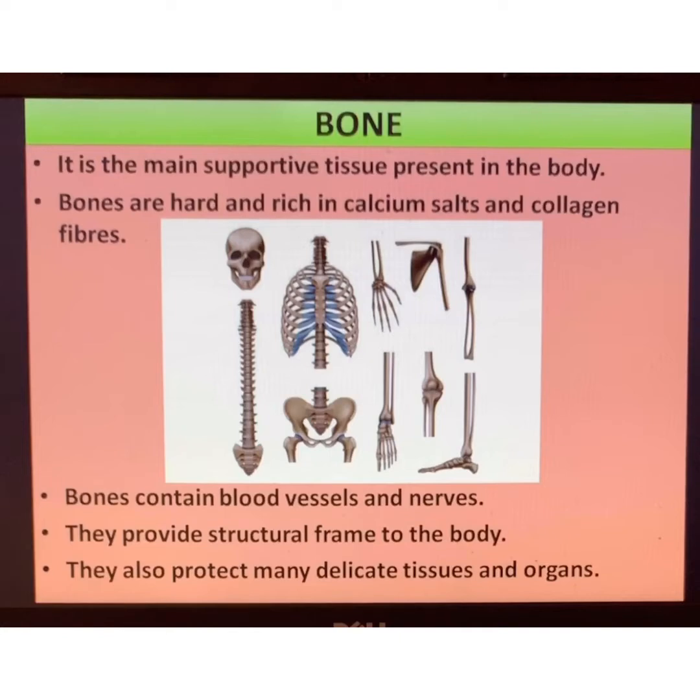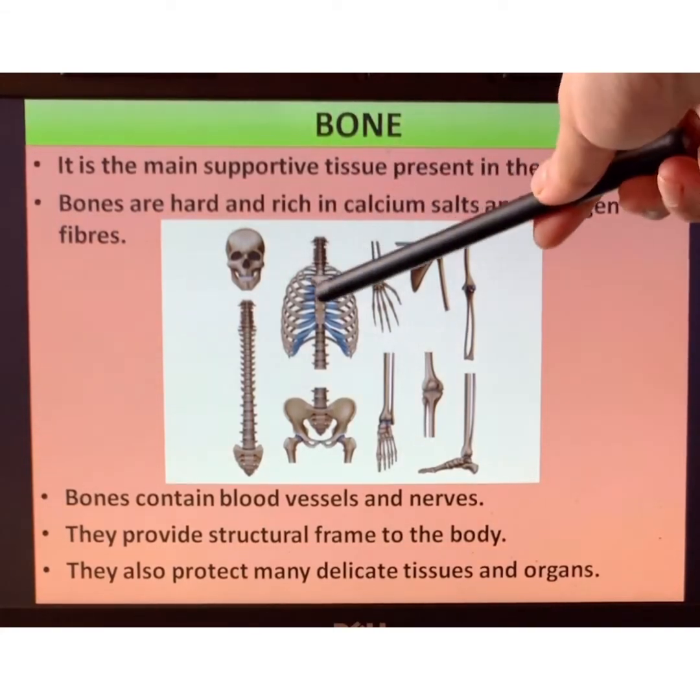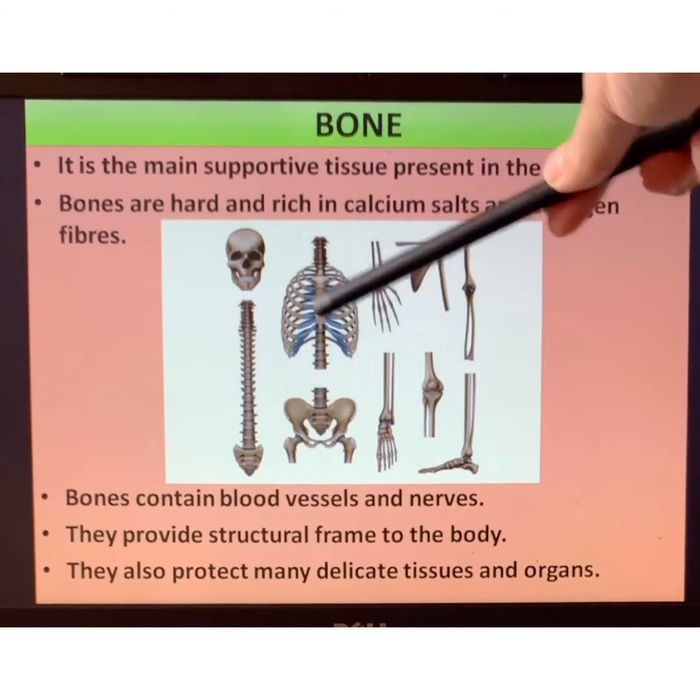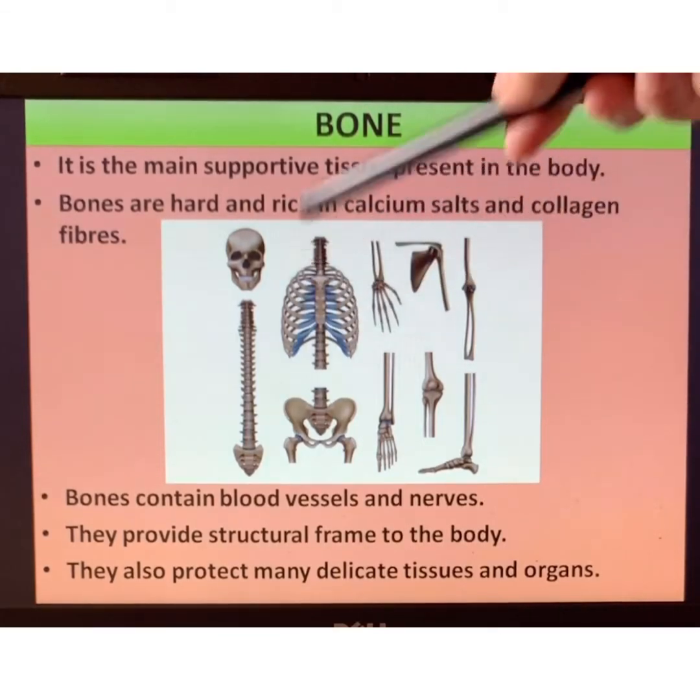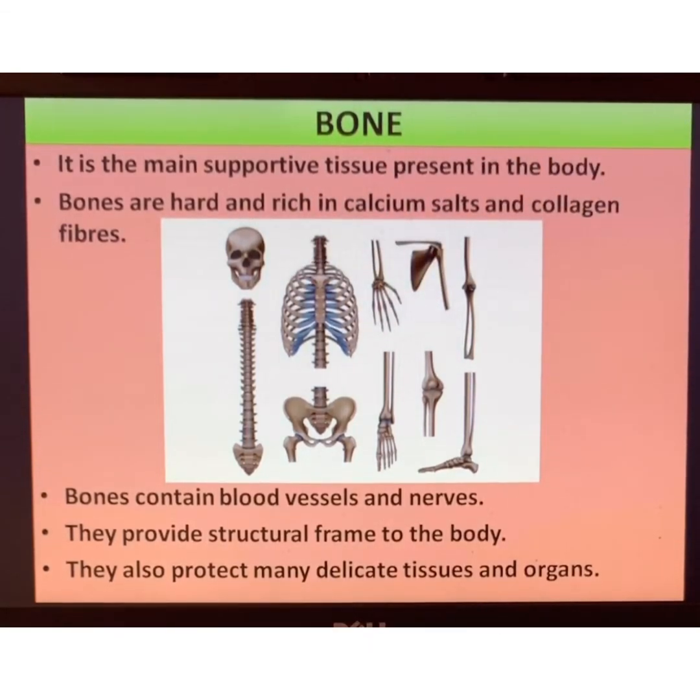The rib cage protects not one but two important vital organs. What are they? Right, that is the heart and lungs. The heart is present on the ventral side, and just behind the heart there are the lungs. Both these organs need protection, and hence the rib cage protects them.